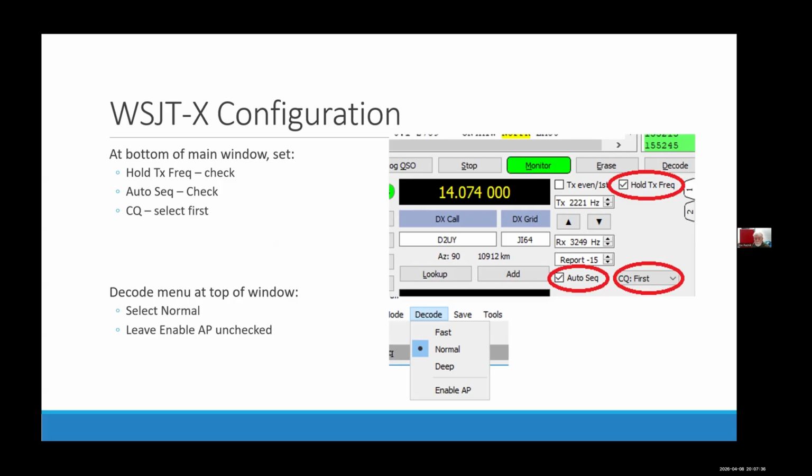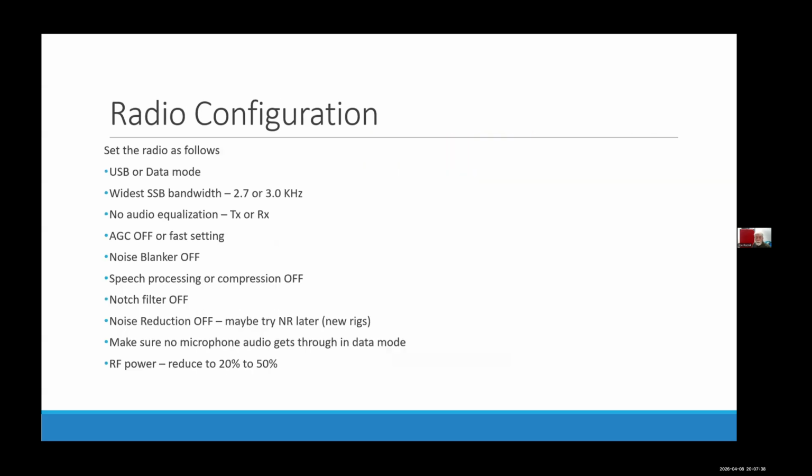So let's see here. The thing about WSJT is the software does all the work for generating and receiving and decoding FT8 signals. That means you want your radio to be set to be as linear as possible in the transmit path and in the receive path. And there are a whole bunch of things you can do here.